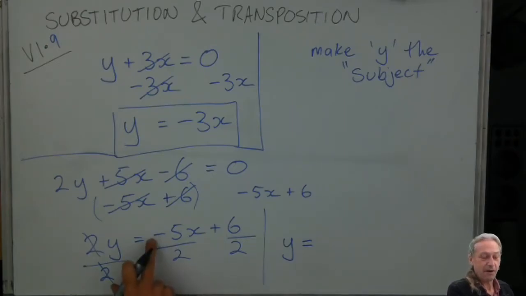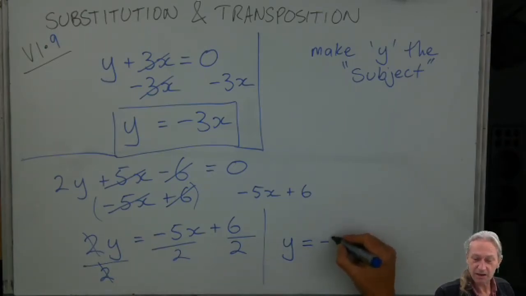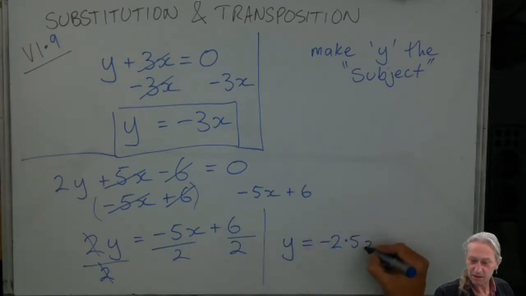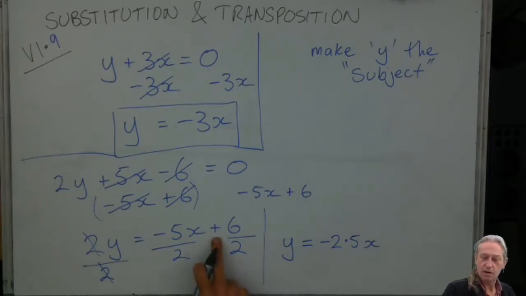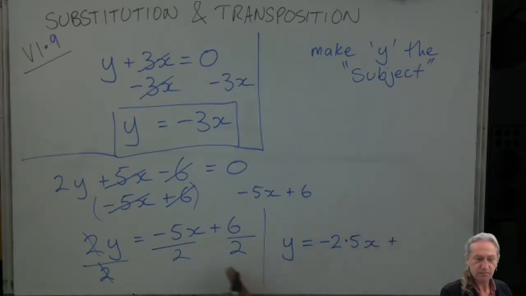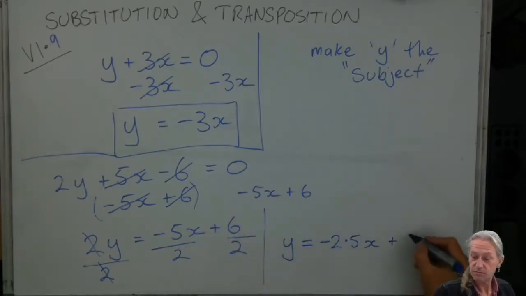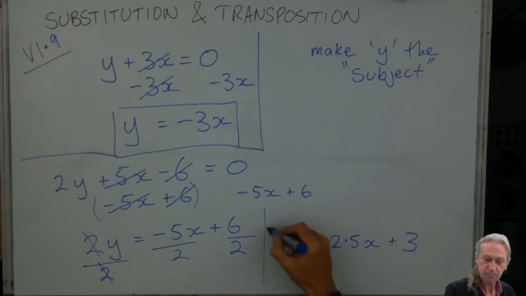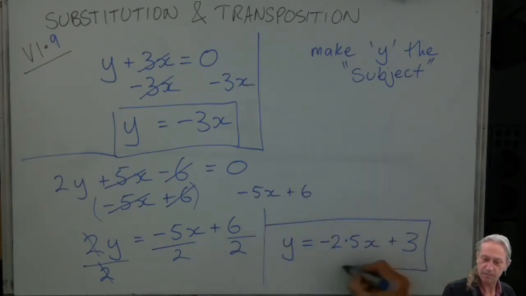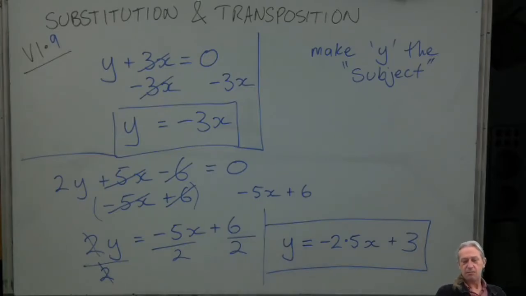Negative 5 divided by positive 2, we can write as negative 2.5, and this is lots of x, plus 6 divided by 2 is 3. That is probably the simplest way to write that.